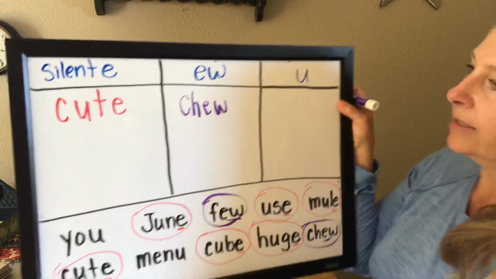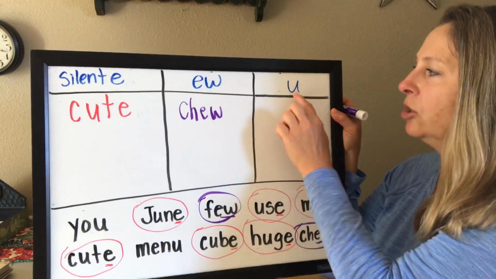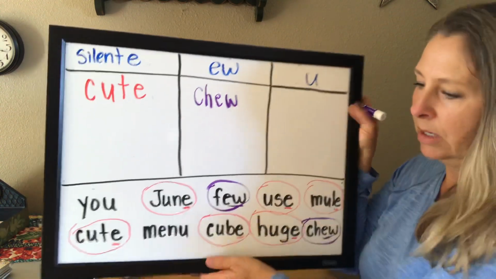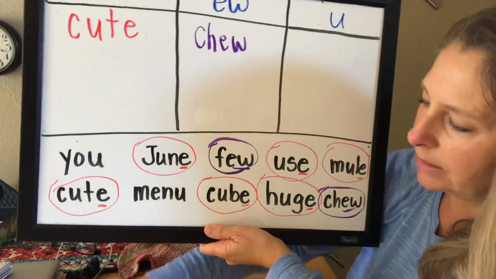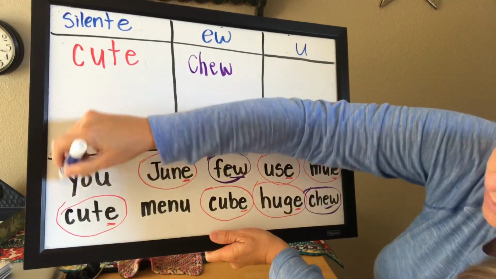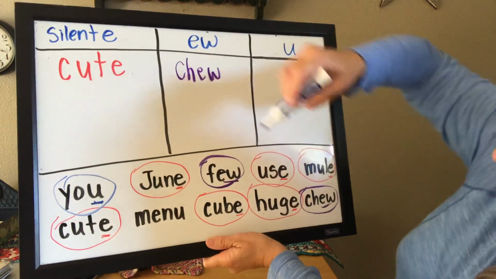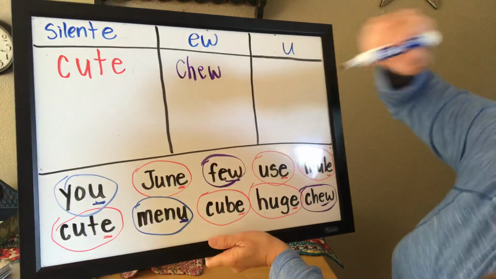All right, the last rule that we're going to talk about for long U today in kindergarten is just words that end with U. So let's take a look at our group here. Let's see, I'll use my blue. So words that have U on the end. Here's one, you, and oh, here's another one, menu. Okay.